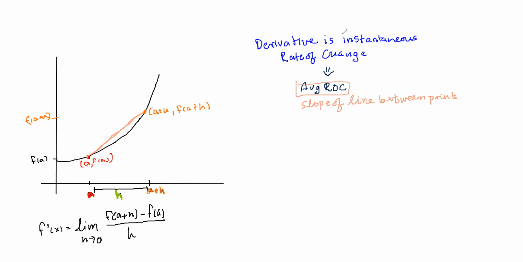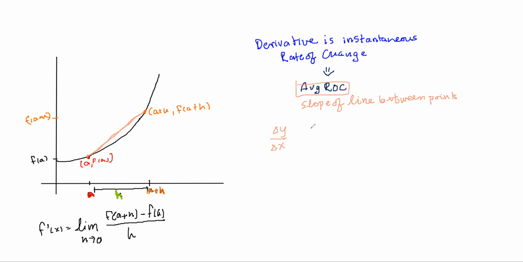So basically what's happening here is we have these 2 points, and we're going to relate them initially by an average rate of change. And the way that we're going to determine that is by the slope of the line between the points. And the slope of the line between the points is delta y over delta x. Very basic, like, line stuff.